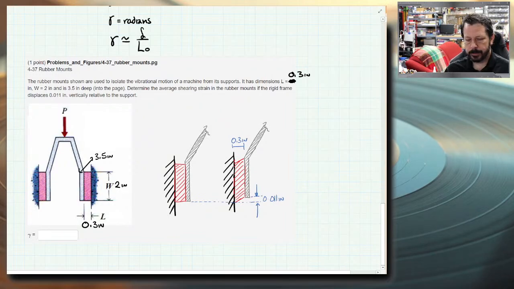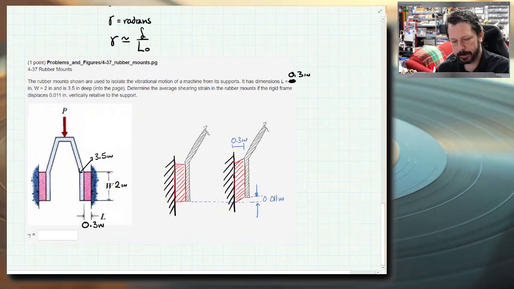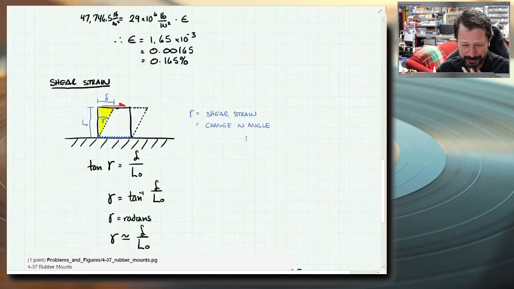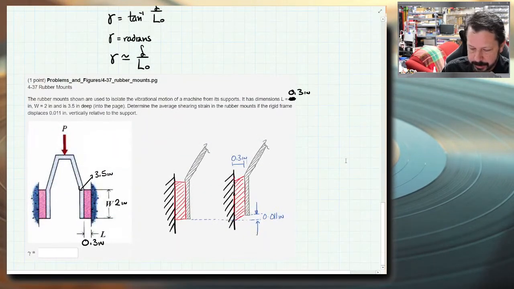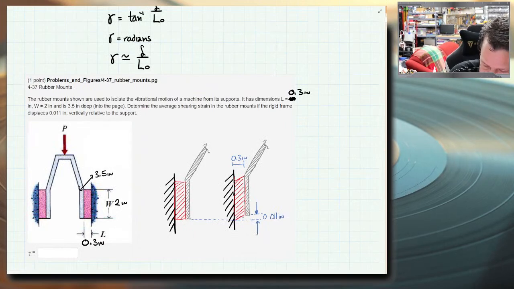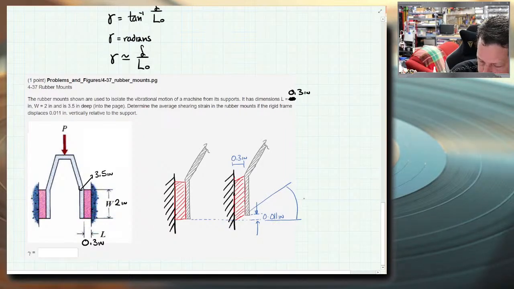So those two, if I kind of flip this over and backwards, it's going to look a lot like this. And so the angle that we want is, wow, this angle here. No, that's not a gamma. That's a little more like a gamma. So we want to calculate that angle.